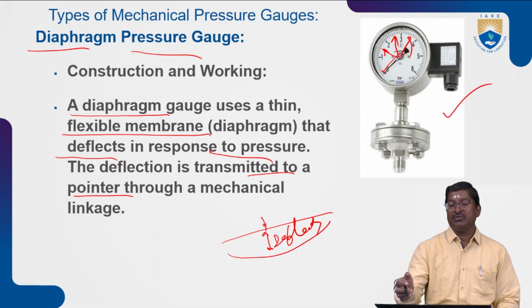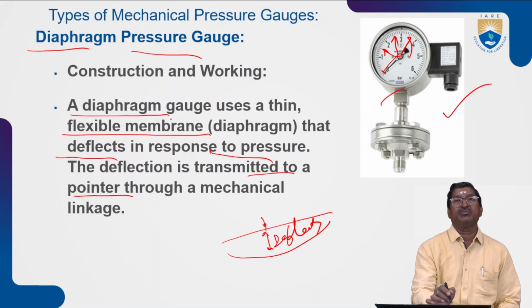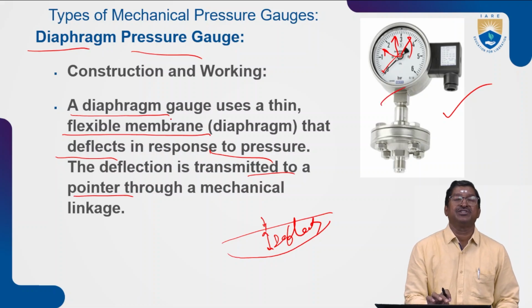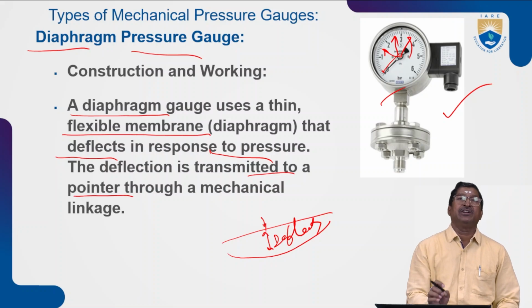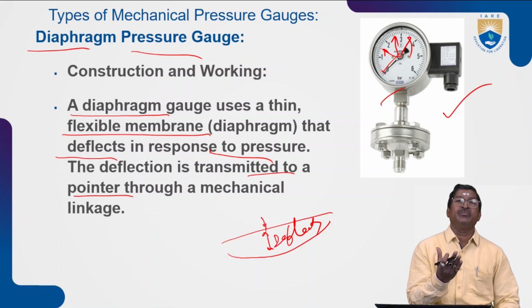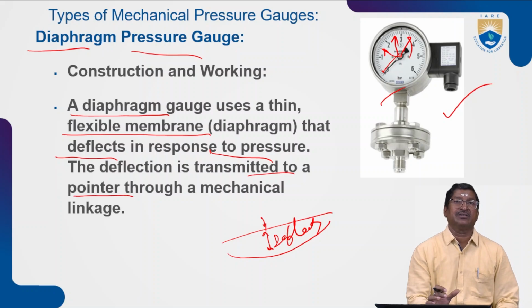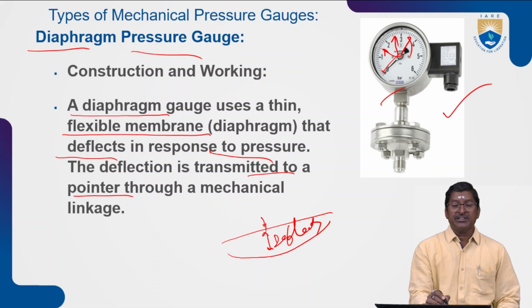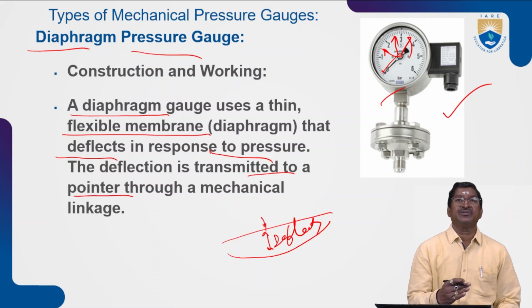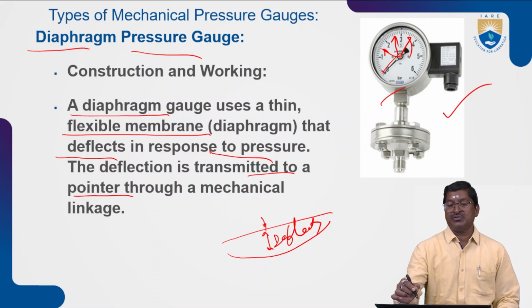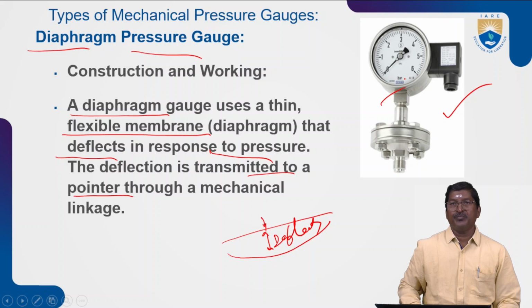Similarly, this is the diaphragm pressure gauge. Here a diaphragm is there, that means a thin flexible sheet or membrane. If you apply a pressure, the thin membrane will deflect. It is attached to this pointer, so the deflection is transmitted to the movement of that pointer, so that we can measure the pressure of the particular fluid.